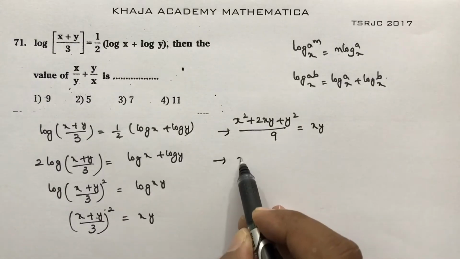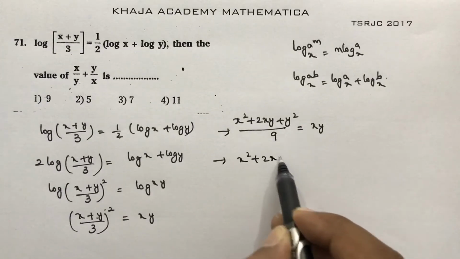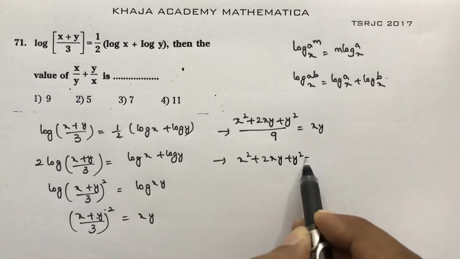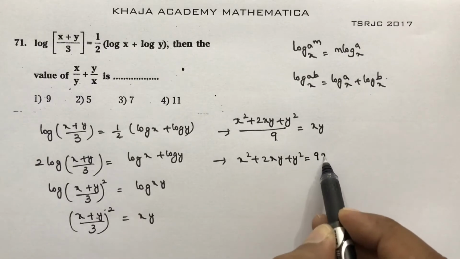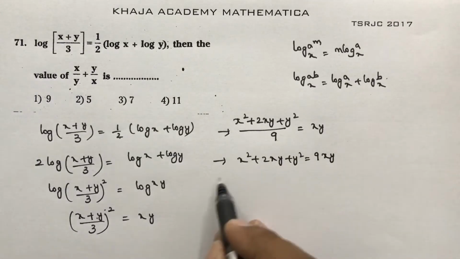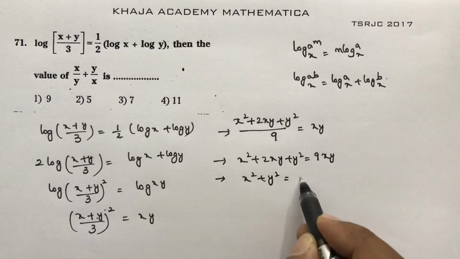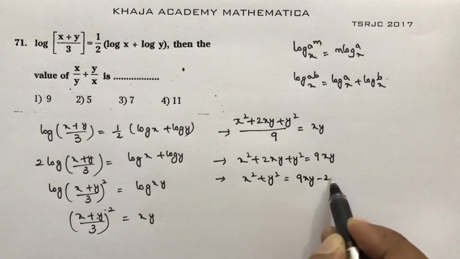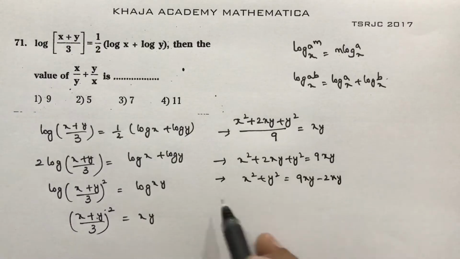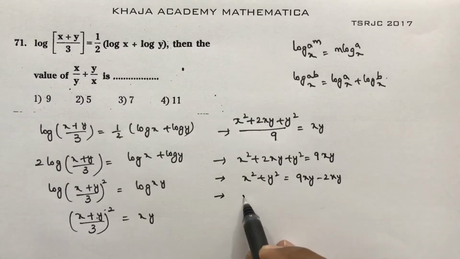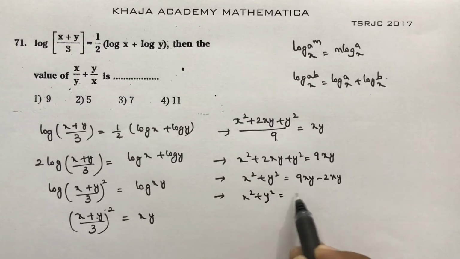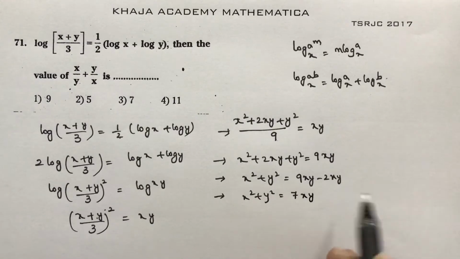So next step, x square + 2xy + y square, if I cross multiply, 9xy. So x square + y square is 9xy minus 2xy, so x square + y square is 7xy.